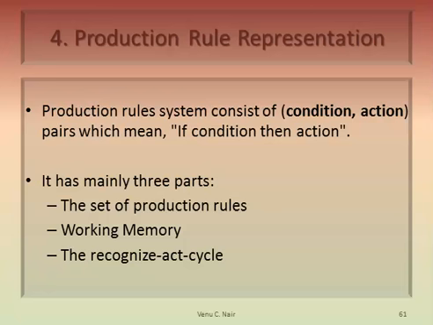So a production rule system consists of a pair of condition and action, which means if condition then action. It has mainly three parts. First, obviously, the set of production rules, then the working memory for stating the current state of the problem, then the recognize-act cycle. So these are the three components.